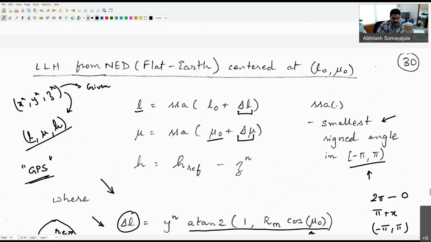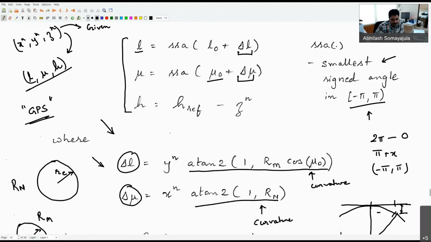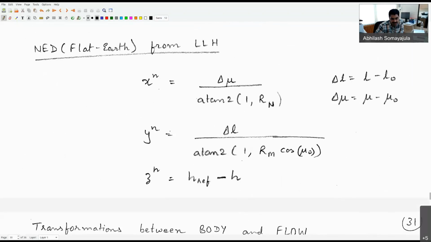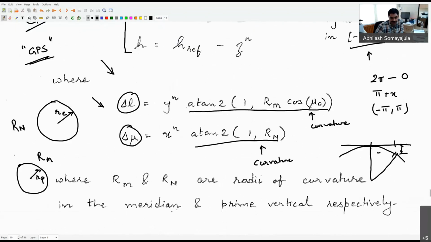If I am given coordinates in the NED frame, how to compute the latitude, longitude, and height is simply given by these three equations. Similarly, if we want to convert the other way around, if I know the latitude and longitude, I can calculate delta L and delta mu, and from there I can find xn, yn, and zn. You will see that these are inverse relations of the previous ones.